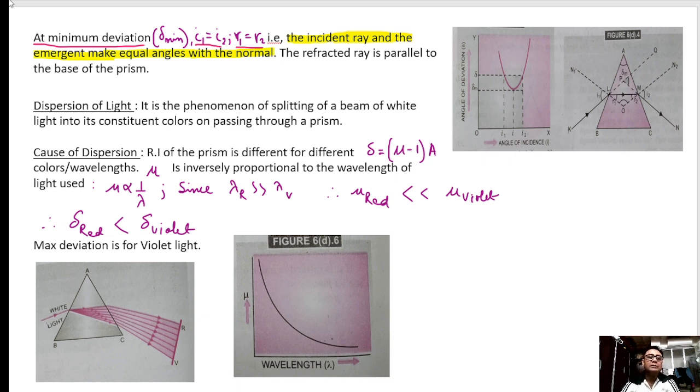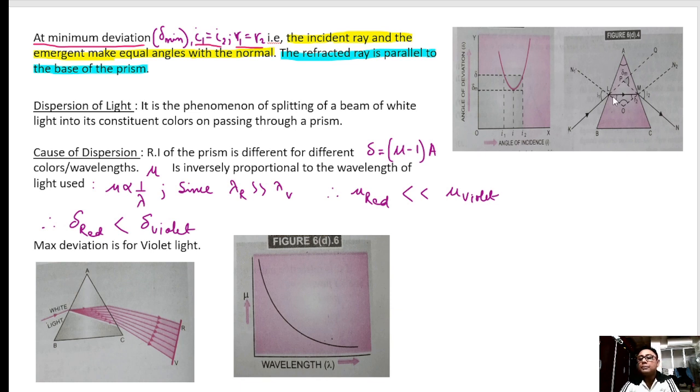And what is the other condition? The other condition is the refracted ray is parallel to the base of the prism.